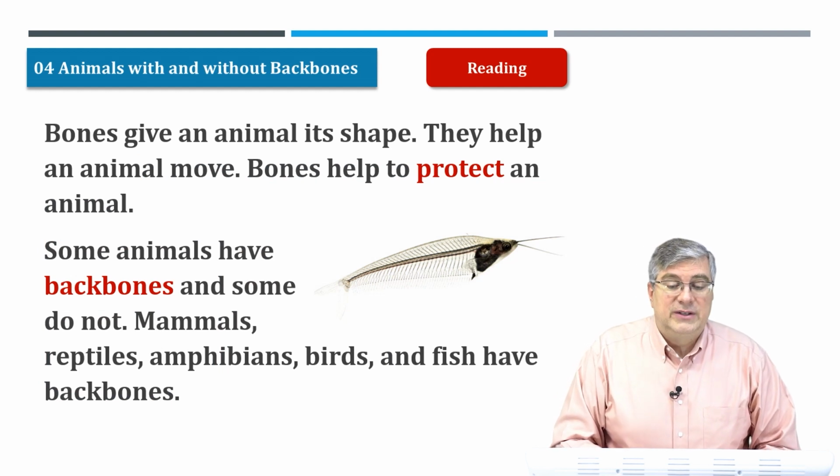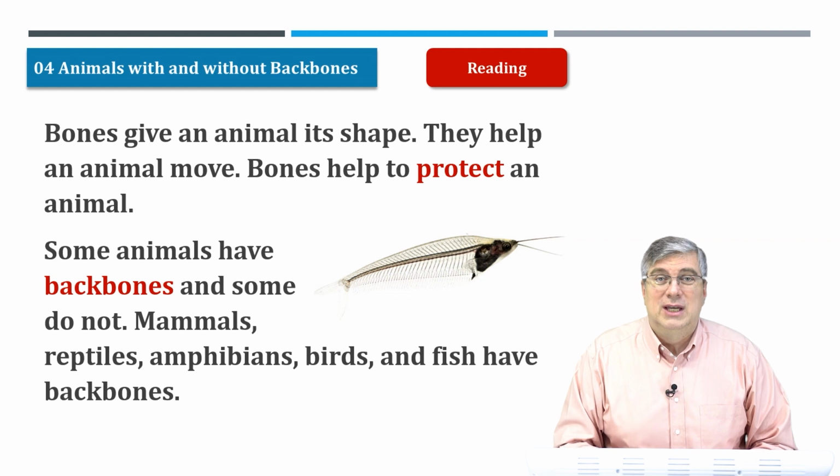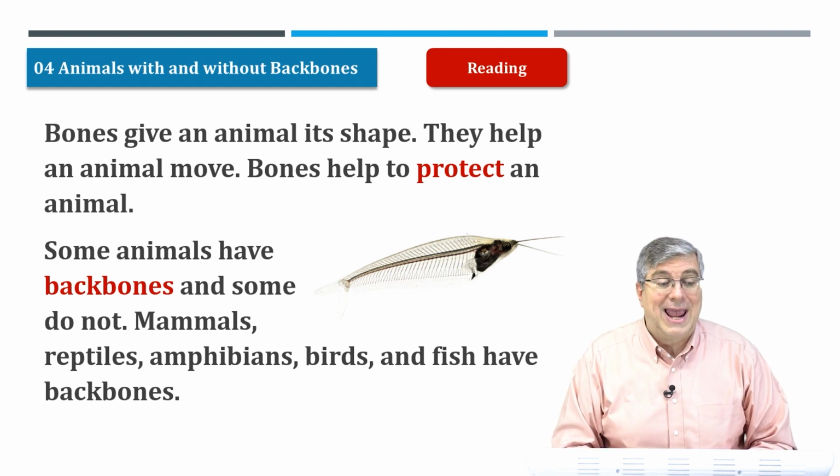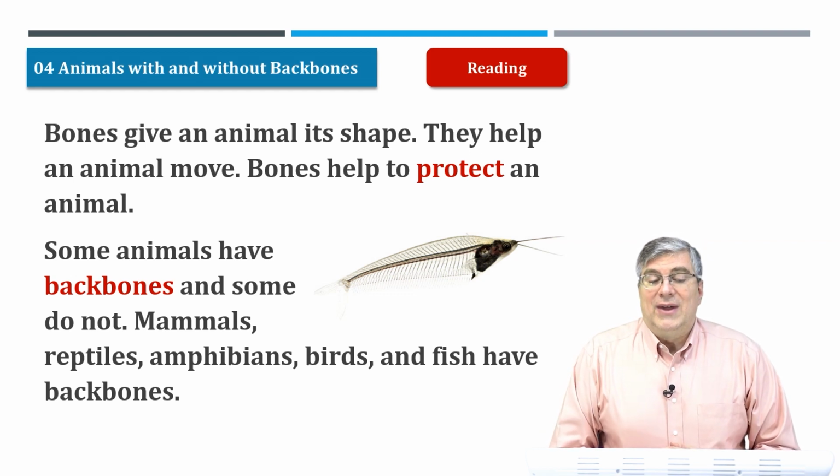Okay, let's read the passage together. And we highlighted the words from the vocabulary. We can see how they are used in this reading passage to help us learn more about animals with and without backbones. So let's begin. Bones give an animal its shape. They help an animal move.